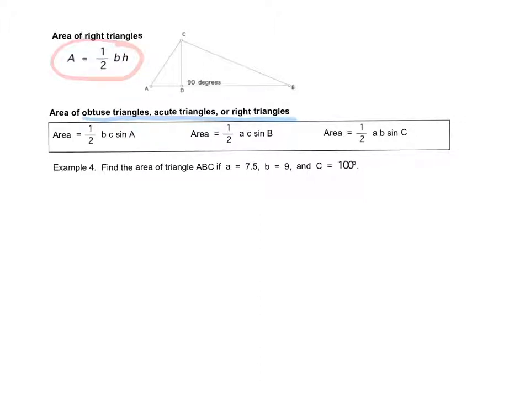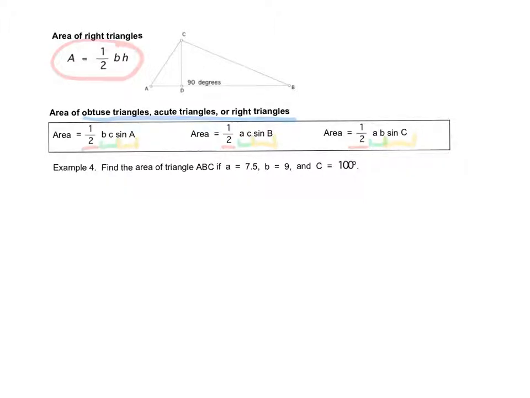What you will notice is that for each one of these, there is a 1/2, so that is still the same. And then we have two sides, the three different combinations, and then we have the sine of the angle that is in between those two sides.